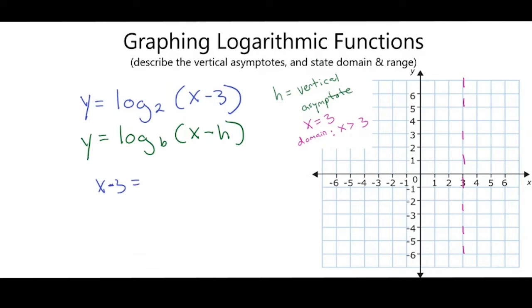So I want to know what values I can plug in to make x minus 3 equal 1 and x minus 3 equal 2. If I plug in 4, 4 minus 3 equals 1, and I can plug in 5, because 5 minus 3 is 2. So my x values will be 4 and 5.